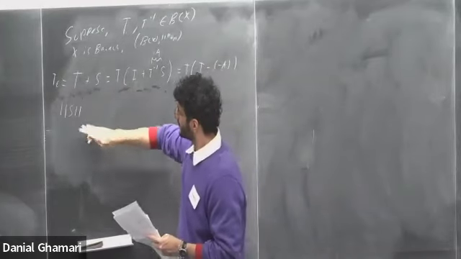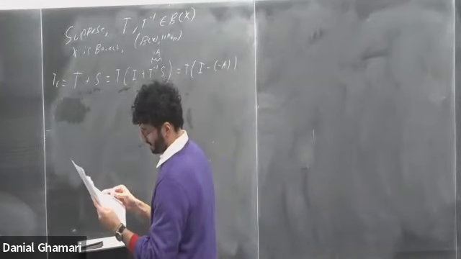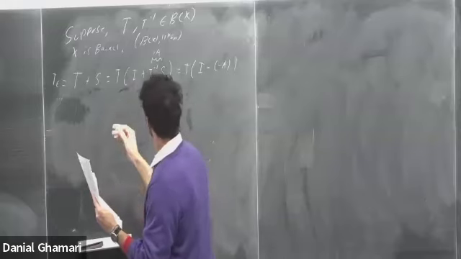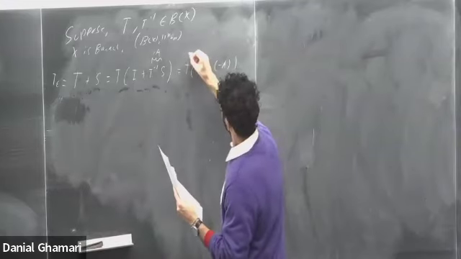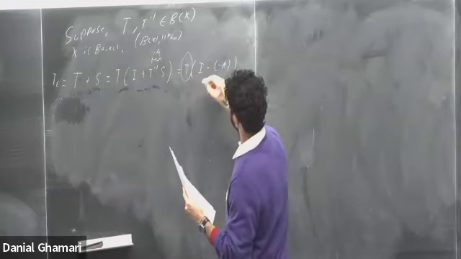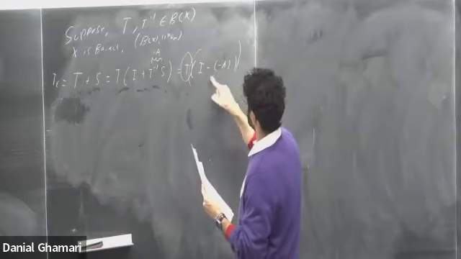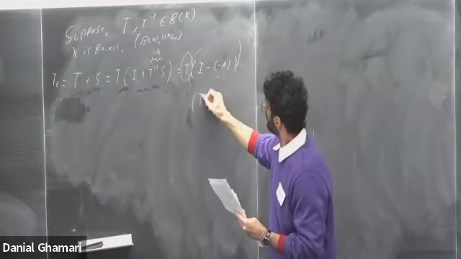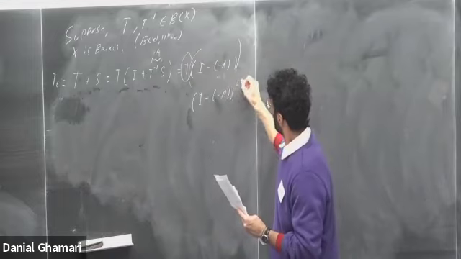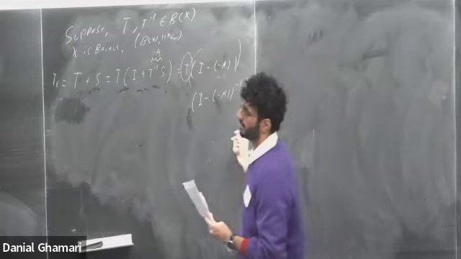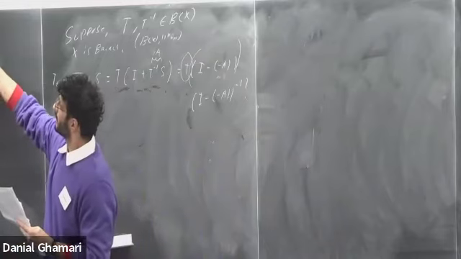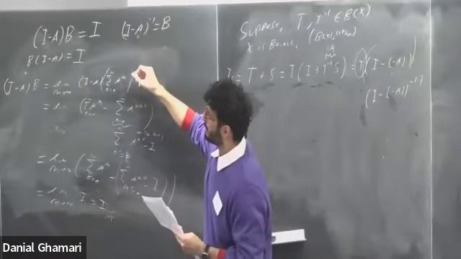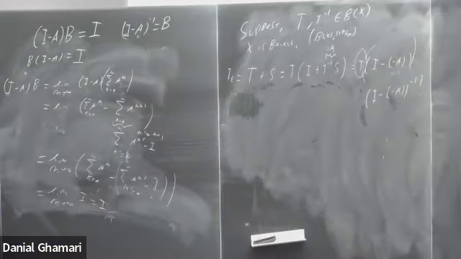If T sub epsilon is to be invertible, I need T to be invertible, which is given, but that means I also need I minus A to be invertible. Under what conditions does the inverse exist? From right here, we have that I minus A inverse is equal to the geometric series B under the condition that the norm of A is less than 1.